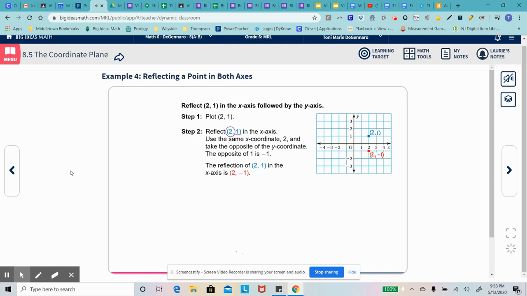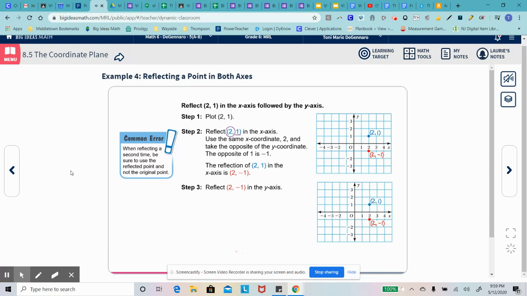The direction tells you to reflect (2, 1) in the x-axis followed by the y-axis. When reflecting a second time, be sure to use the reflected point and not the original point. So step 3, reflect (2, -1) in the y-axis. To reflect in the y-axis, use the same y-coordinate, -1, and take the opposite of the x-coordinate.